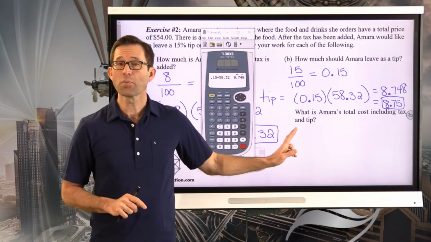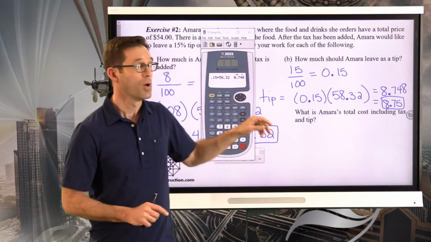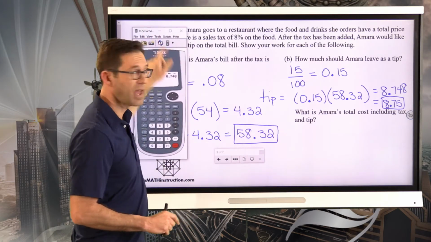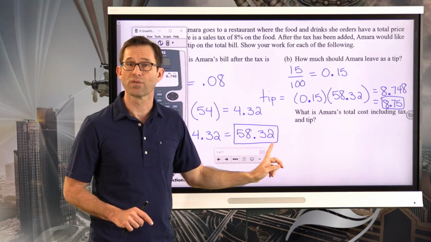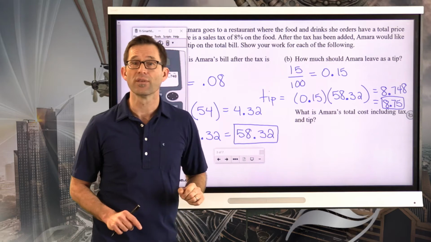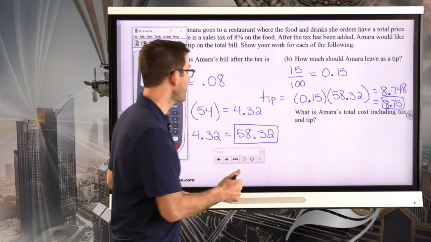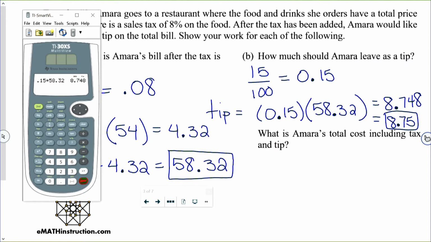Anyway, the last part of this question says, what is Amara's total cost, including the tax and tip? Well, we know that after tax, she's got to pay $58.32. Then she's going to add in another 8.75 in the tip, so we simply need to add the 58.32 to the 8.75. So literally, 58.32 plus our 8.75.